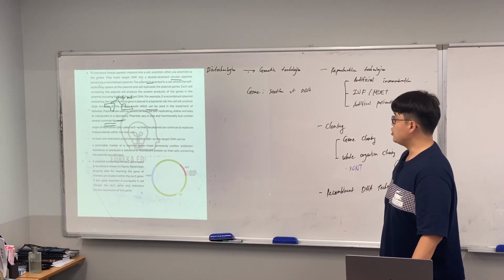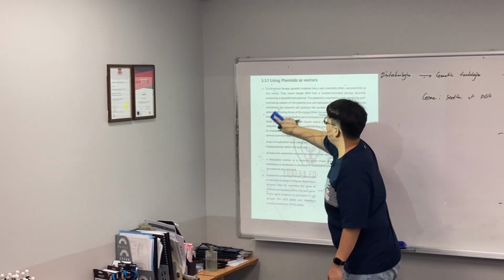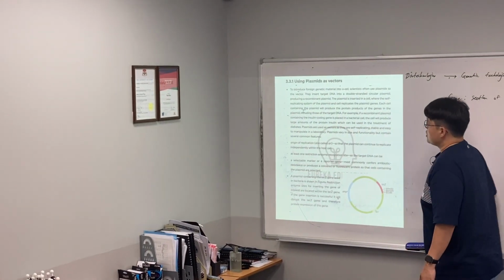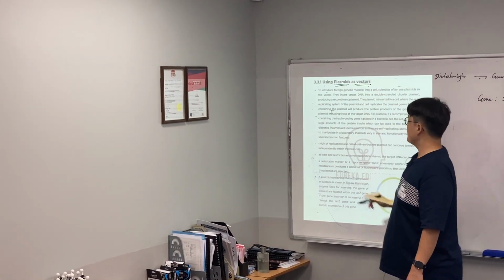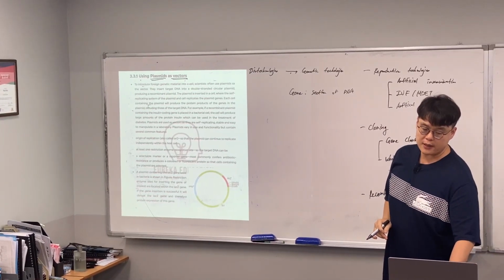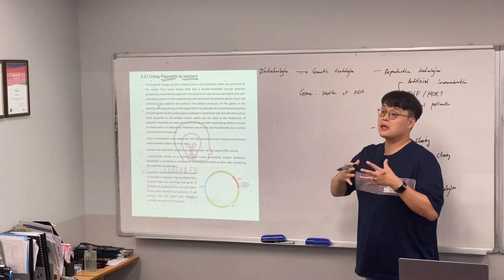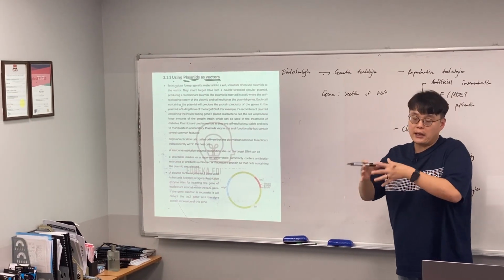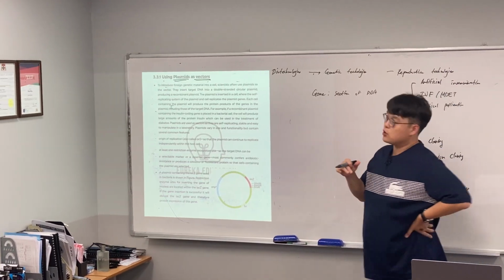So page 82, please. Let's go into more detail about those step-by-steps. So we're using the plasmids, something known as vectors. Now, a vector is not a vector that we are learning in mathematics. Vector in molecular biology means that it's basically guiding something. We have a guidance of that. So that's basically DNA molecules.